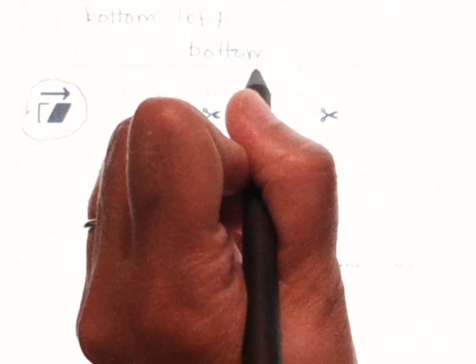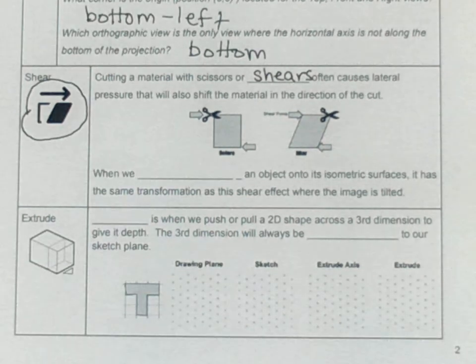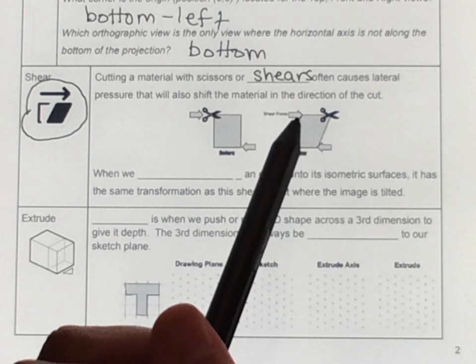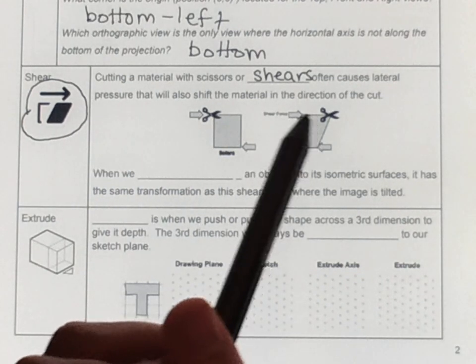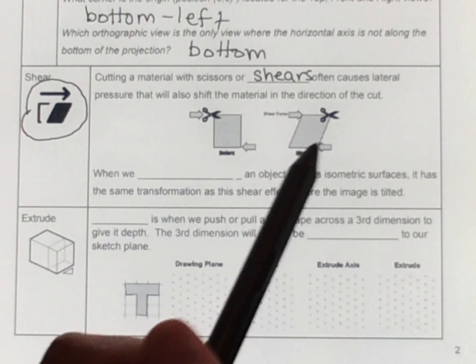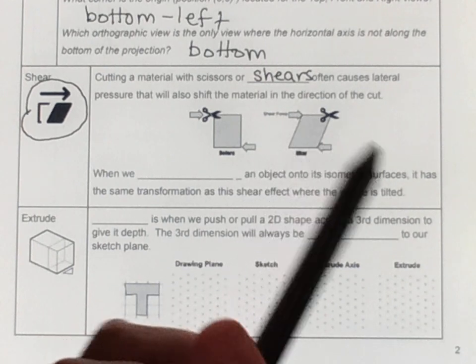And it comes from the fact that a shear is like a pair of scissors. And when you shear wool off of a sheep, or when you cut hair, it does actually produce a little bit of a force so that you are deforming whatever it is that you're cutting.